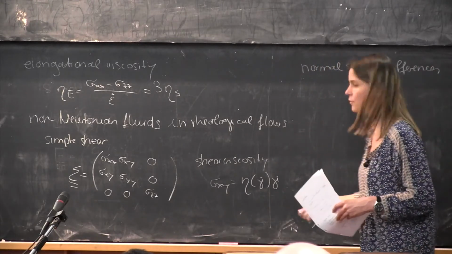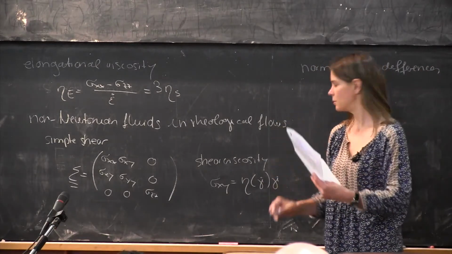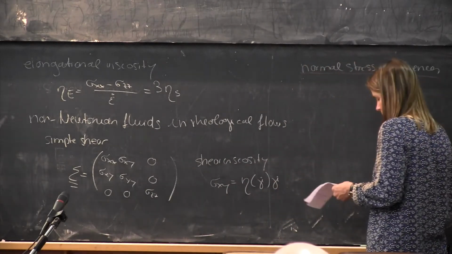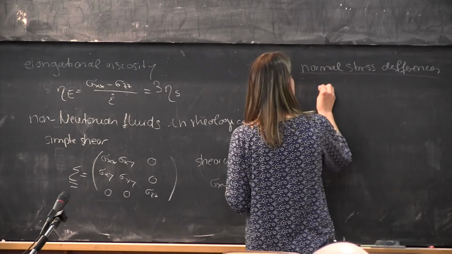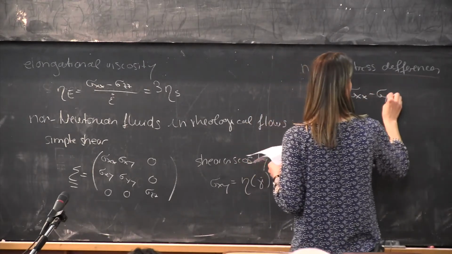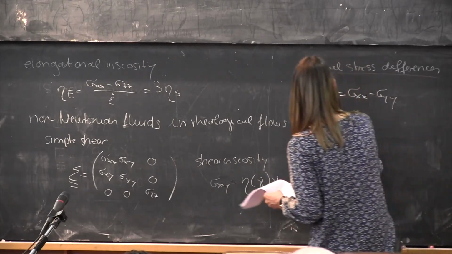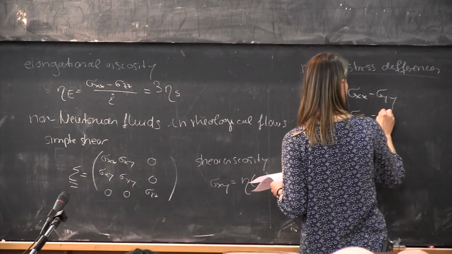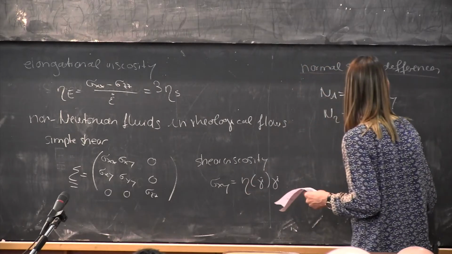These normal stress differences cause, for example, the rod climbing that we just saw. So N1 is sigma xx minus sigma yy. N2 is sigma yy minus sigma zz.